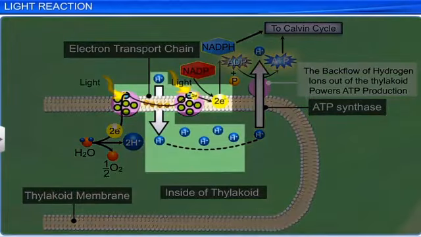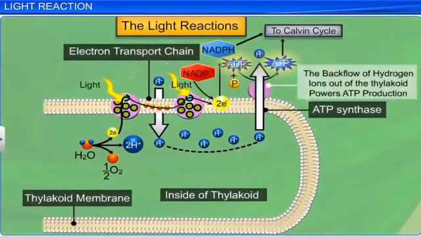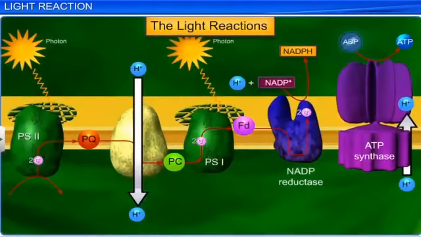This is because the primary electron acceptor located towards the outer side of the membrane transfers its electron to H carrier. Thus, a proton gets removed from the stroma while transporting an electron. When this molecule passes its electron to the electron carrier on the inner side of the membrane, the proton is released into the inner side of the membrane. The NADP reductase enzyme is located on the stroma side.